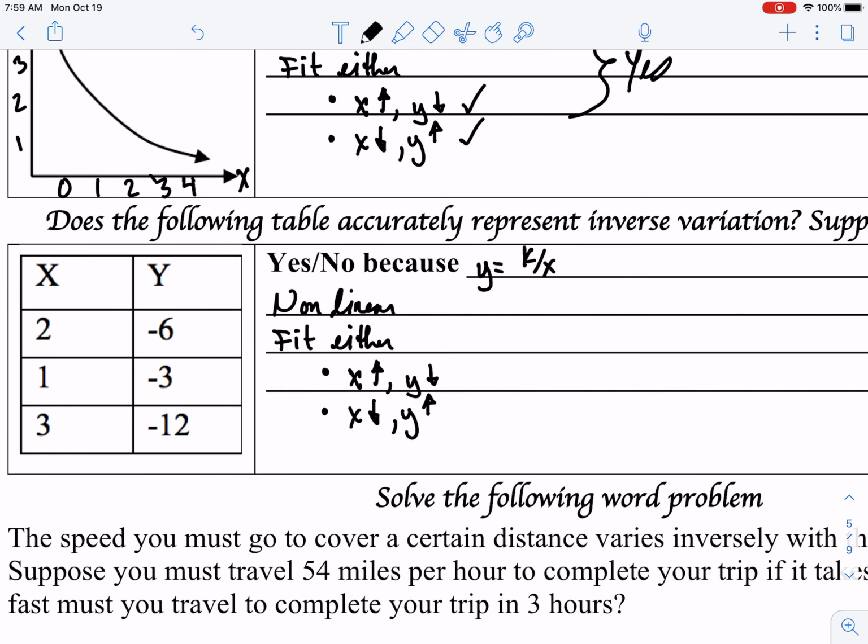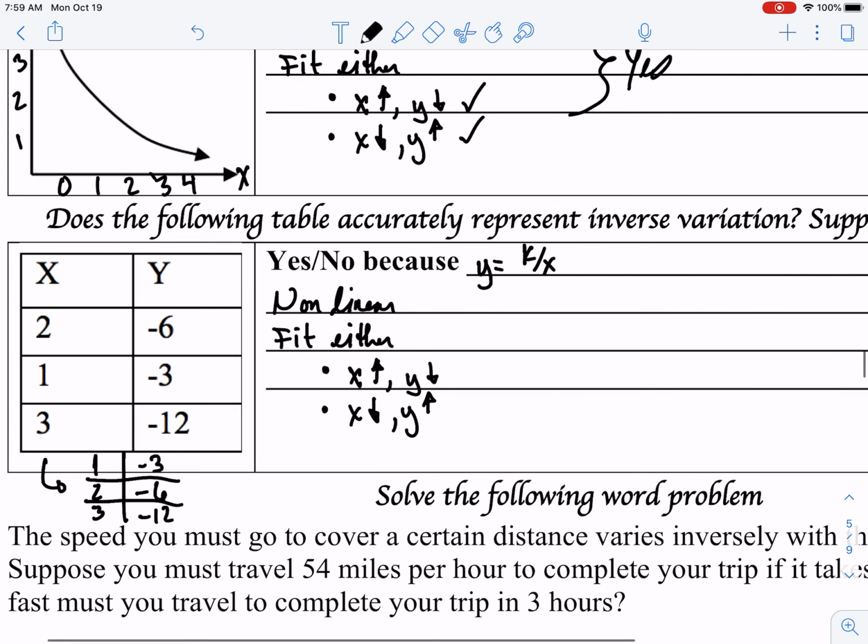I'm going to rewrite this table here because it's kind of a goofy table. What I mean by it's goofy is that it's written not in order. So 2 to 1 to 3, so X goes down and then X goes up. So I'm going to clean it up just a little bit. Pay attention to that in these problems.